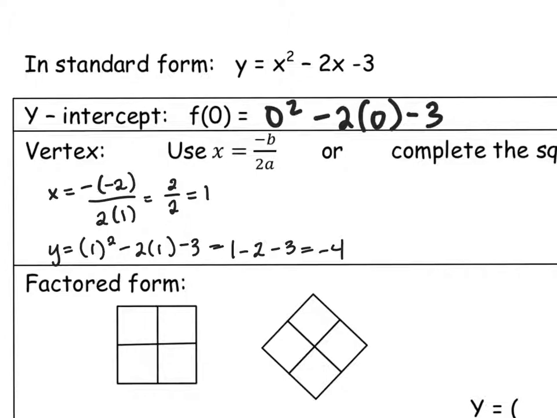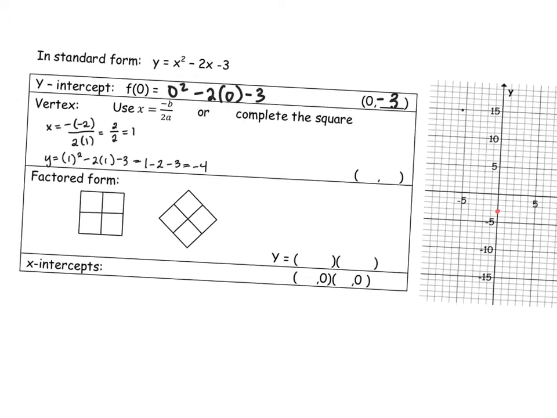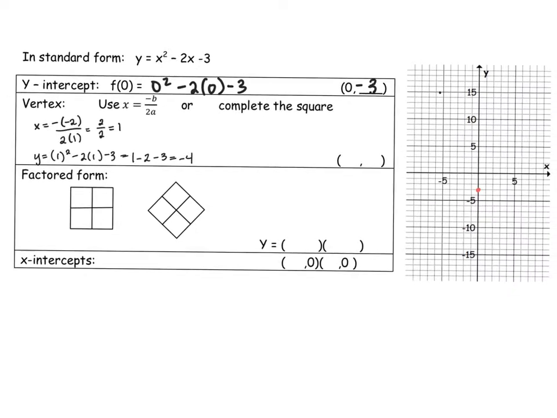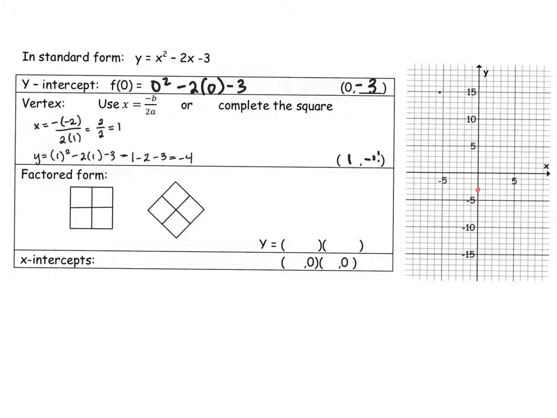Let's zoom back out. So that means my vertex is 1, -4. And I can go ahead and graph that point as well. Right there, I think. Yeah.